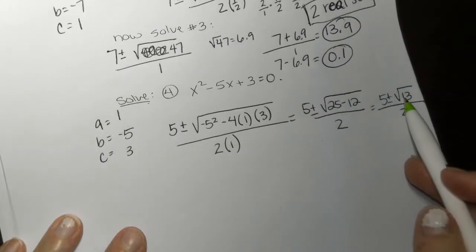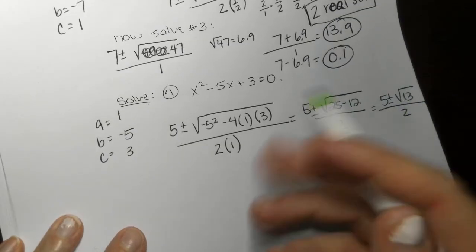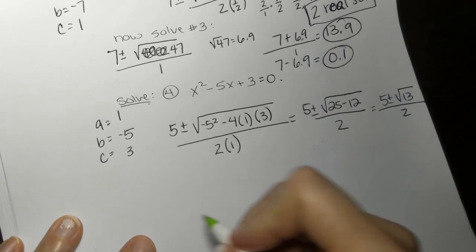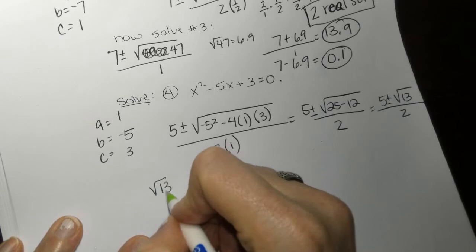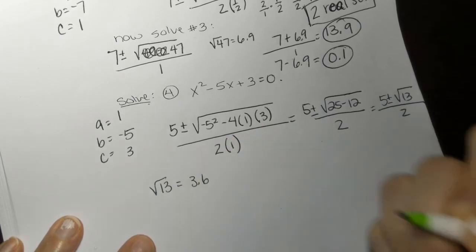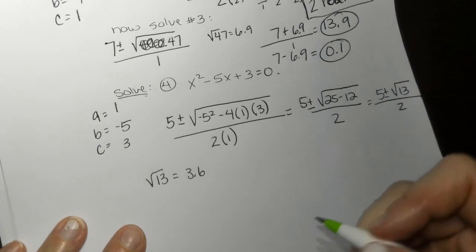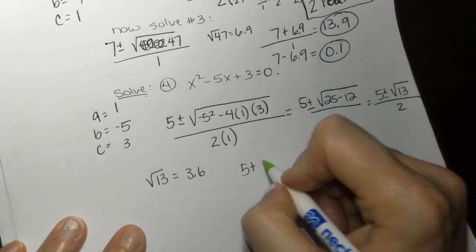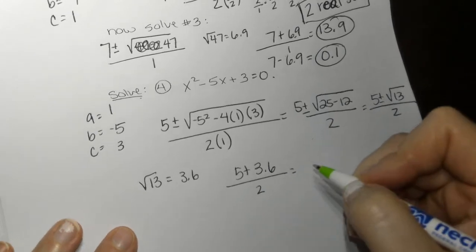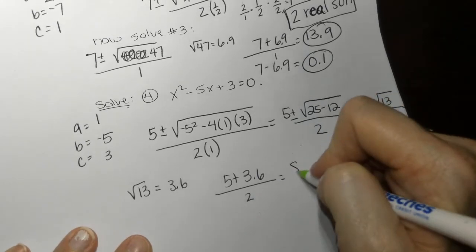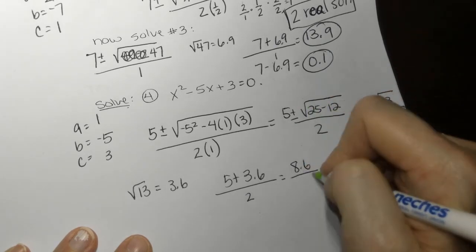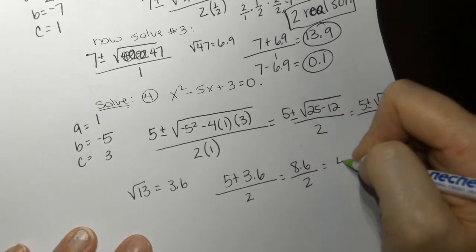Alright, so let's solve that. Square root of 13, if you put that in your calculator, you get 3.6. We're going to round to 3.6. So now 5 plus 3.6 divided by 2 is 8.6 divided by 2, which is 4.3.